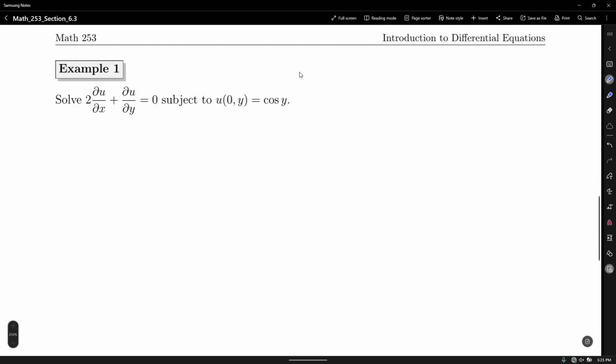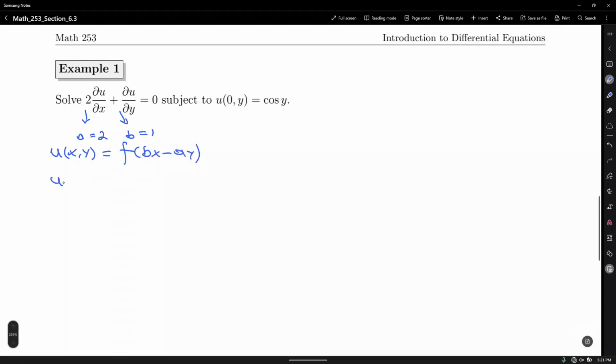You'll see. Okay, so number one, in this case, all you need to identify is that a equals 2 and b equals 1, where in this case, the solution will be a function u of x, y, which is a function of bx minus ay.